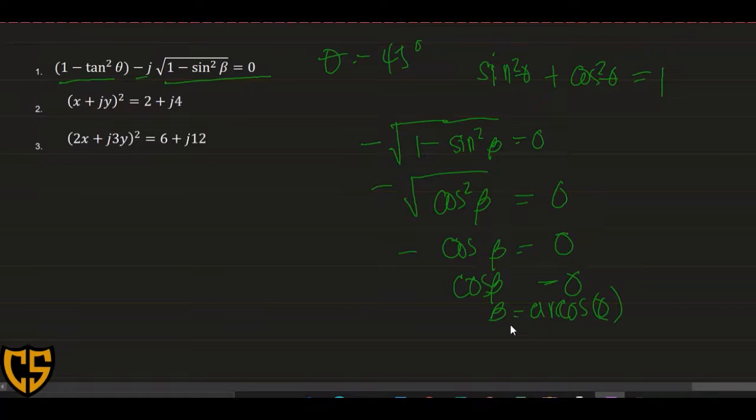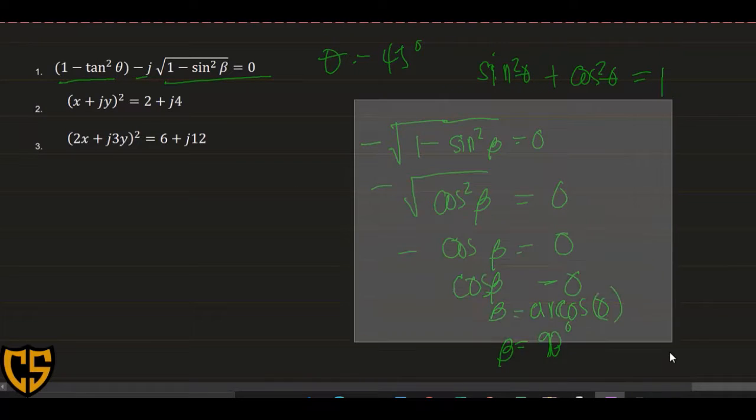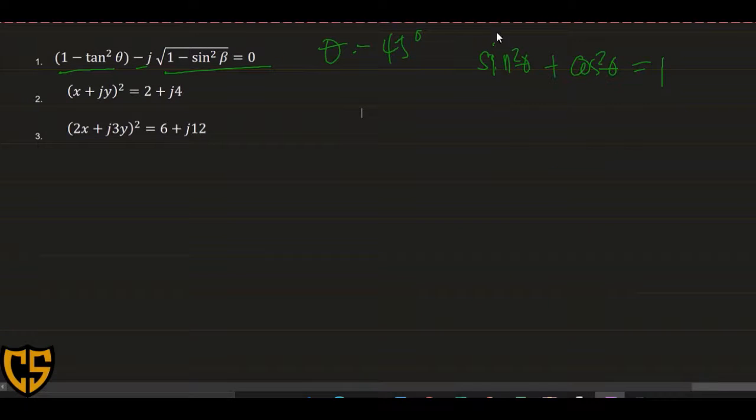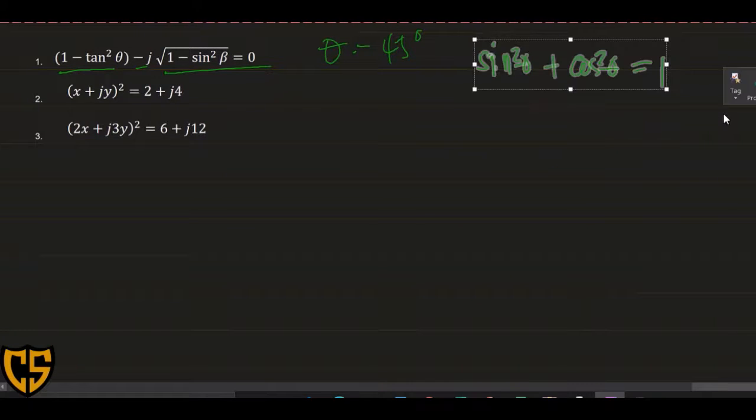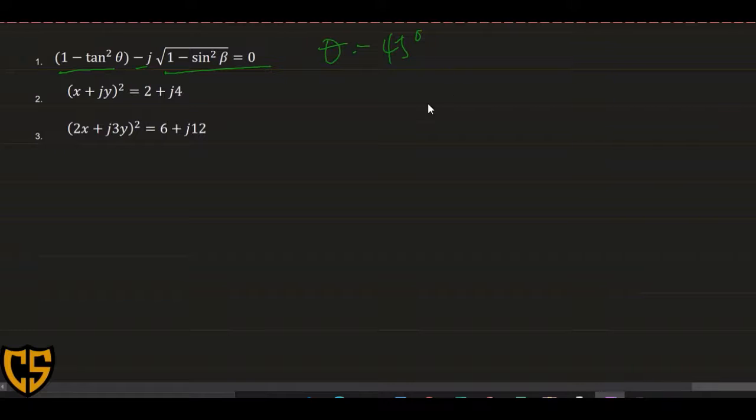So we have beta is equal to 90 degrees. This is now our final answer. So let us erase this one. The value of our beta will be beta is equal to 90 degrees.